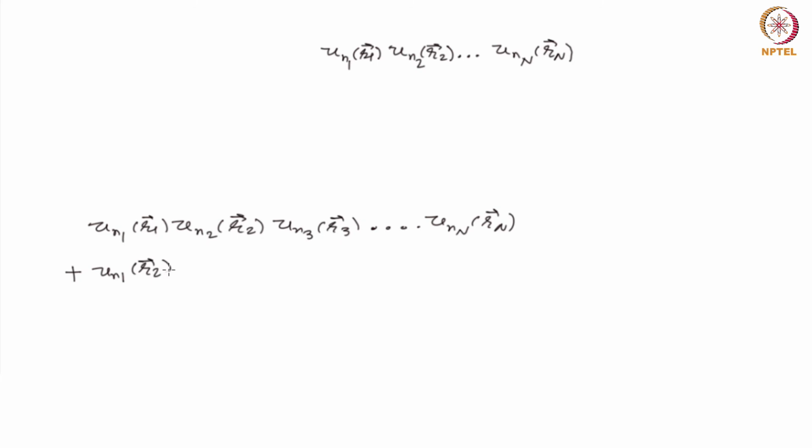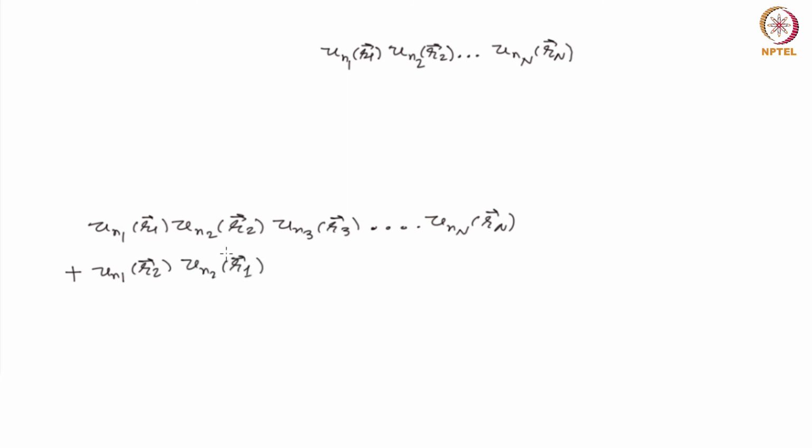Then I would just write u_n1(r1), u_n2(r2), u_n3(r3), ..., u_nN(rN), and then I will add to this u_n1(r2) u_n2(r1).